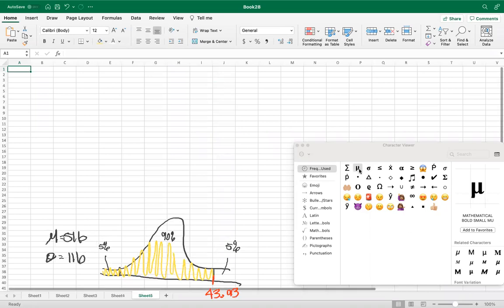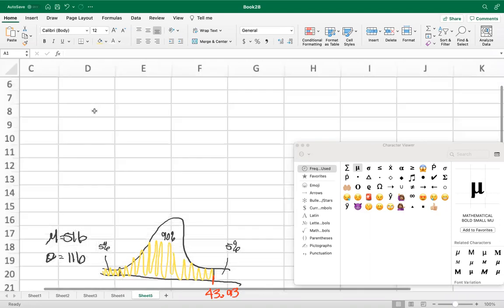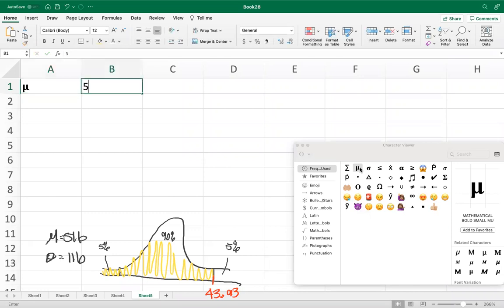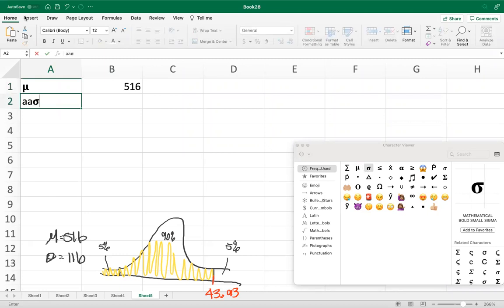All right, so data for this problem, we're looking at the mean. So mean is 516. Our standard deviation is 116. And there we go.